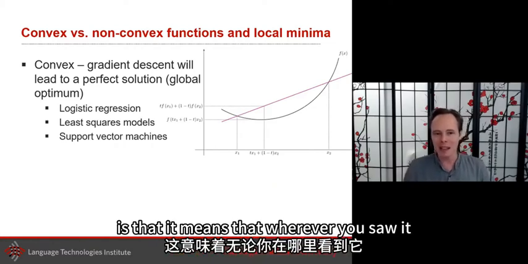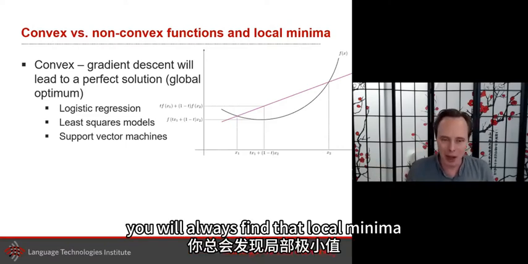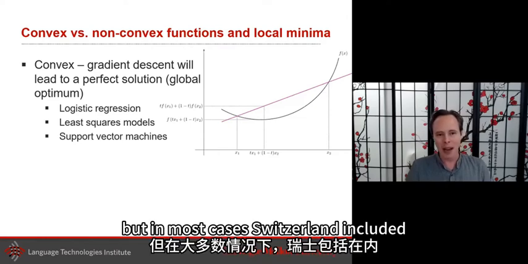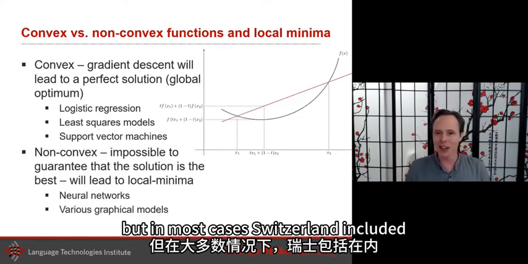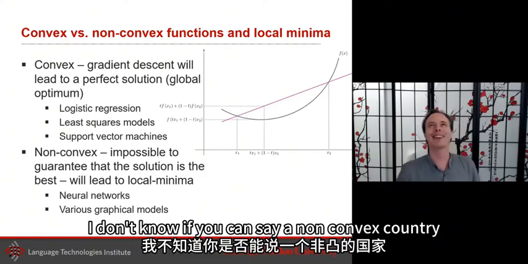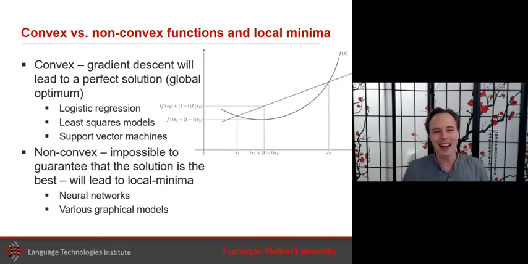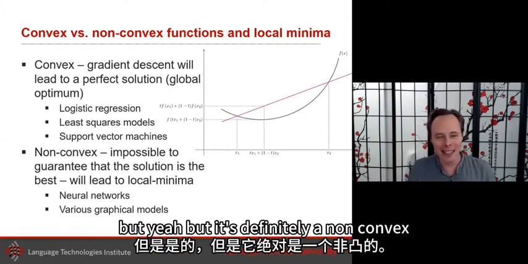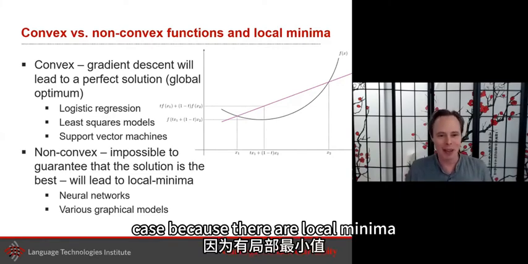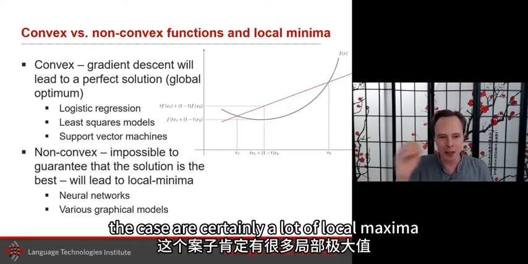What it means is that wherever you start, you will always find that local minima, or if it's maximization, local maxima. But in most cases, Switzerland included, Switzerland is a non-convex, I don't know if you can say a non-convex country, but it's definitely a non-convex case, because there are local minima, or in the case of Switzerland, a lot of local maxima.